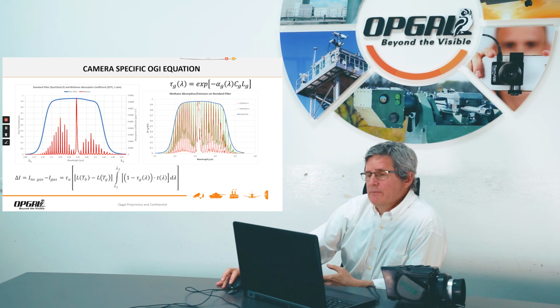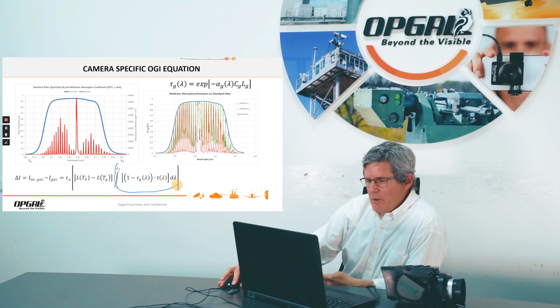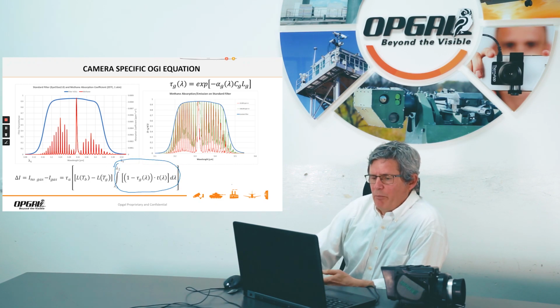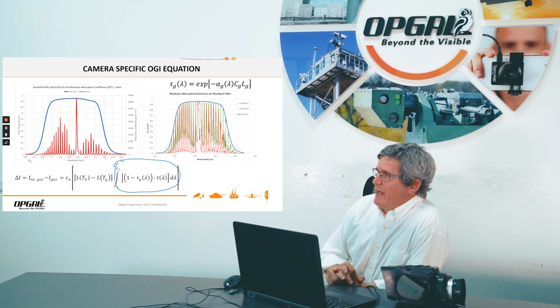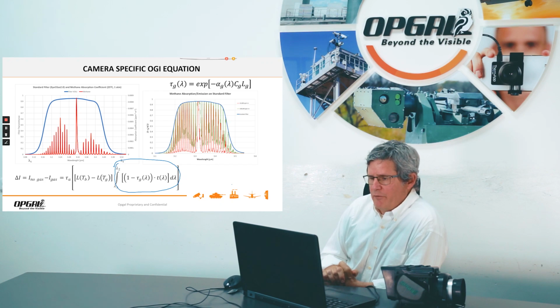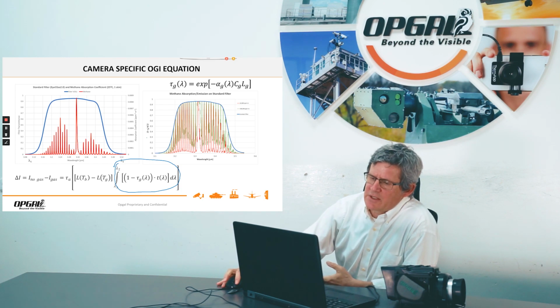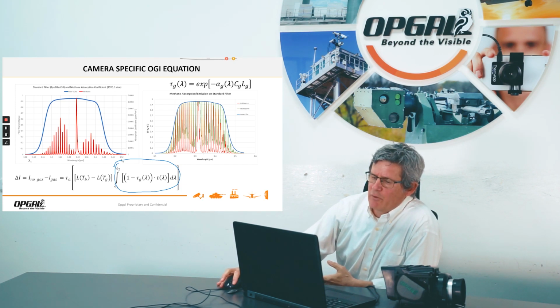And I want to show you that this over here is a compound specific response of that camera, and it depends on the transmission of the filter that is installed inside the camera. So if we calculate this value, you can see the value as a function of wavelength.